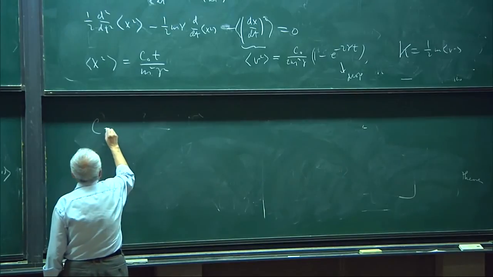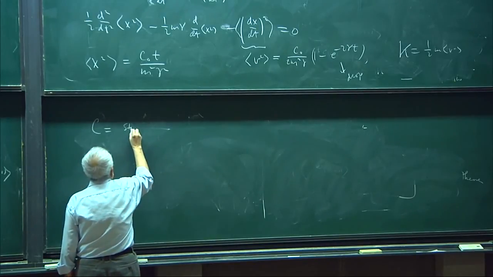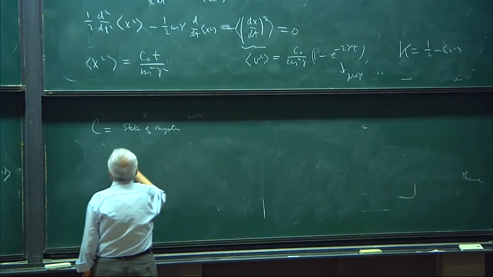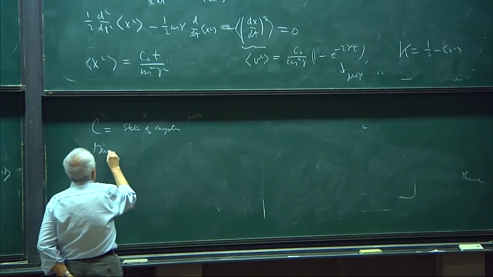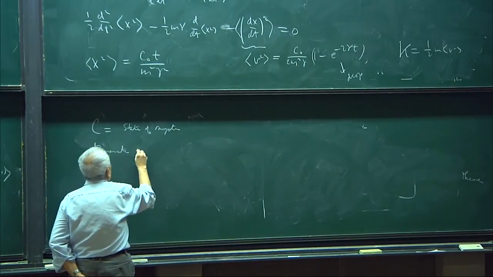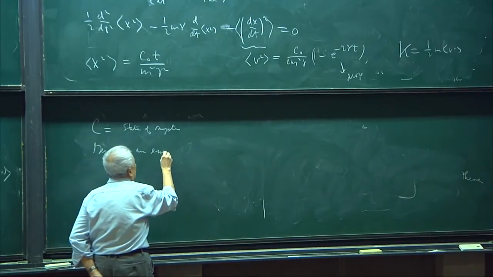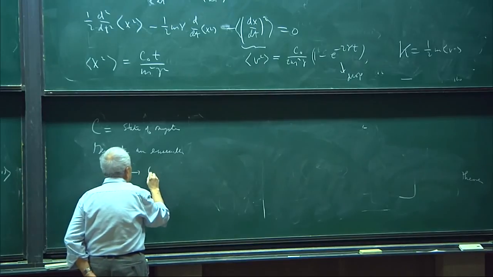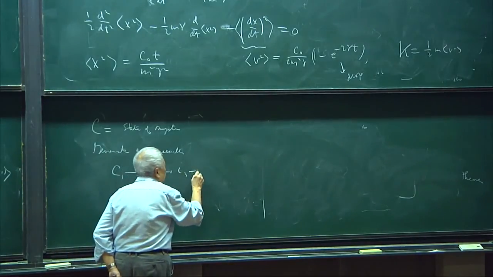So suppose C is a state of the system, and you try to generate an ensemble: C1 going to C2, going to C3, and so forth.